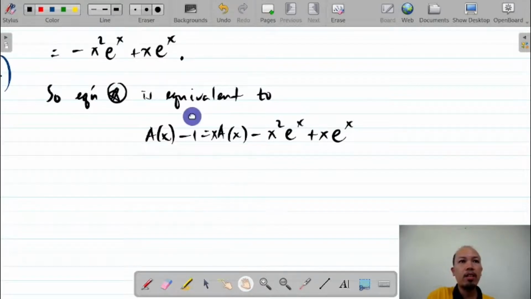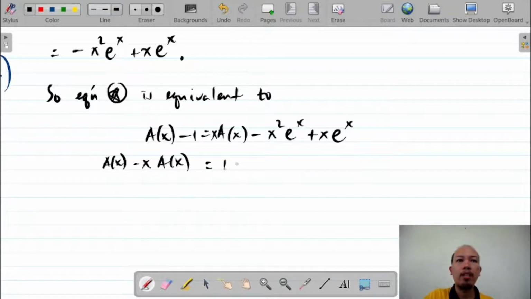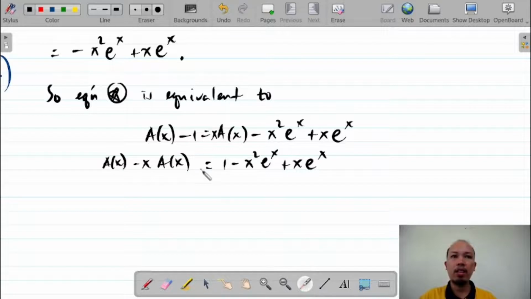We can write it as a of x minus x a of x equals 1 minus x squared e to the x plus x e to the x. So just transpose negative 1 to the right side, and x a of x to the left side.